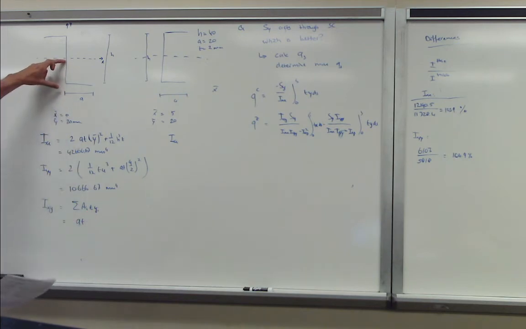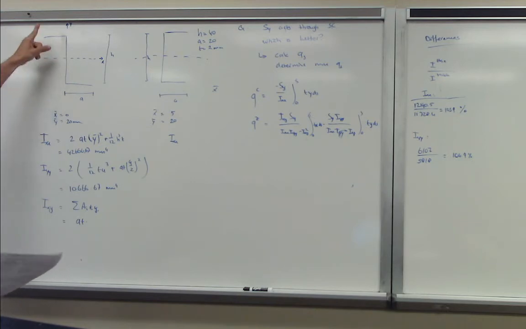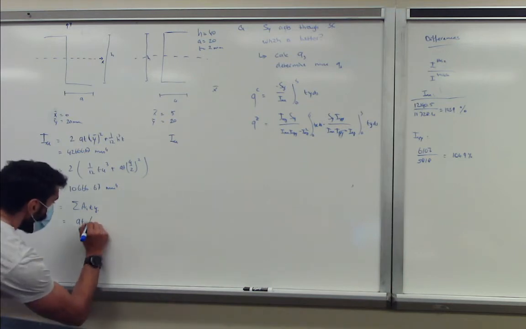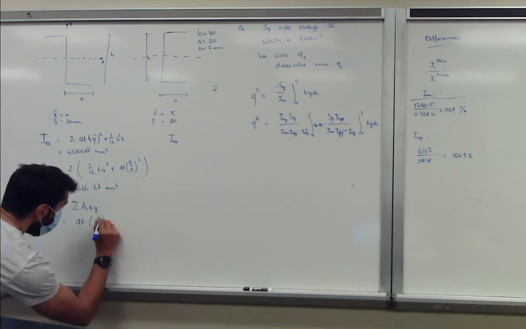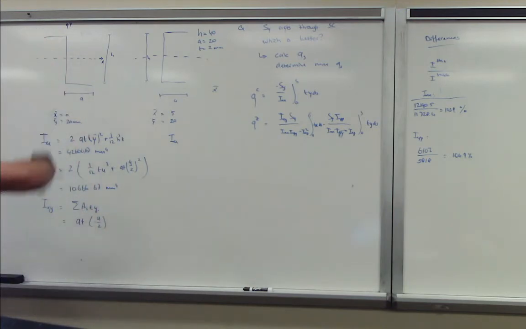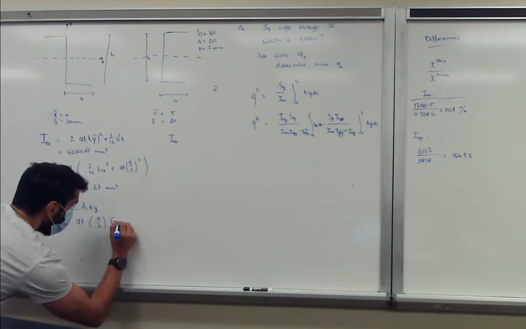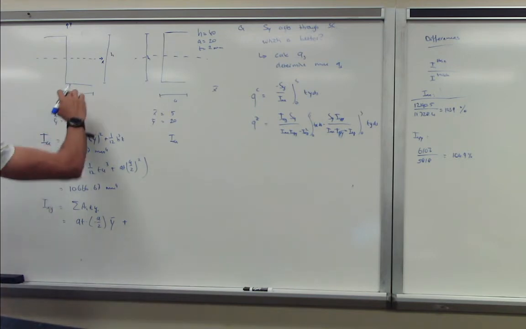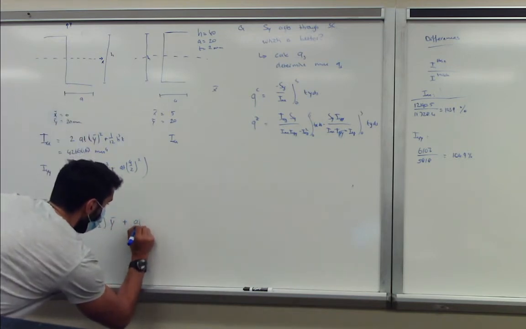So if you now look at XI, basically with this location, let's take the top one first. So X is negative, Y is positive. So we get minus A over 2 multiplied by, say, H over 2 in this case, or Y bar. So let's call that Y bar. Plus, we get this part, that's again AT.